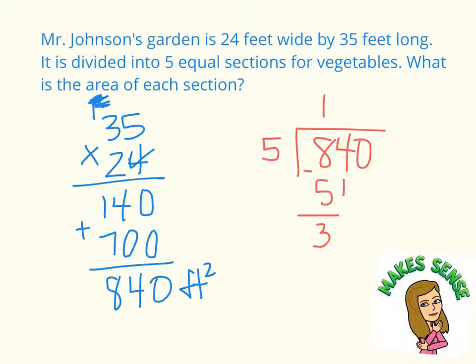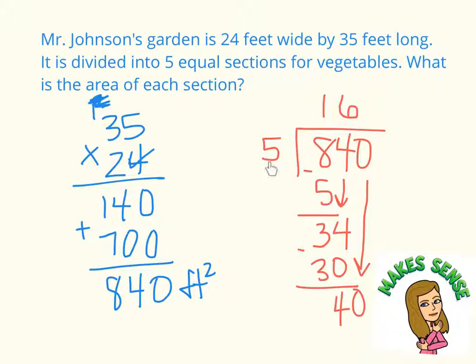Then I bring down 4. Now I have 34. How many times does 5 go into 34? It can go in 6 without going over. 5 times 6 is 30. Subtract. 34 minus 30 is 4. Bring down the 0 to make 40.